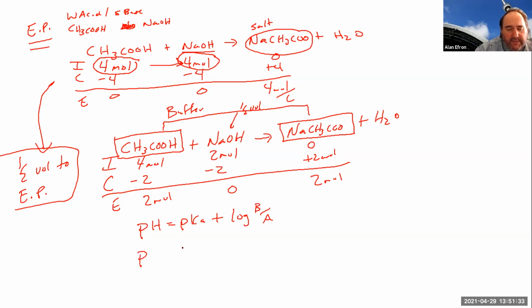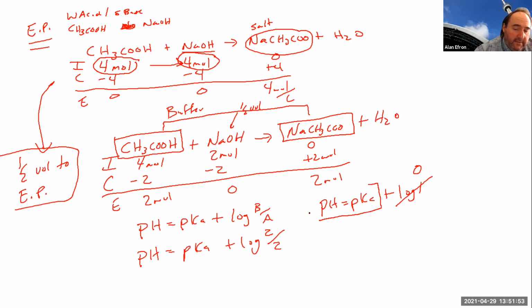That means the pH would equal the pKa plus the log, in this example, of 2 divided by 2, which means the pH is equal to pKa plus the log of 1, which means the log of 1 is 0, which means at exactly that point in this type of titration, if you get to half the volume of the equivalence point, you are now at the point where the pH will actually equal the pKa value of that weak acid. Question on that?